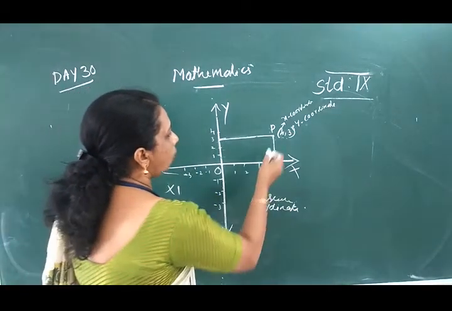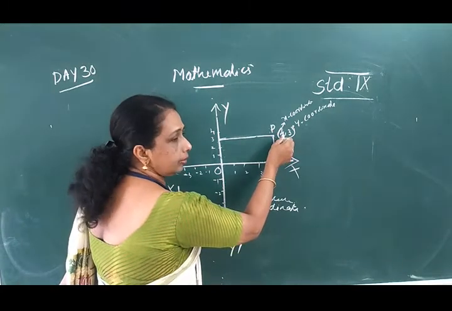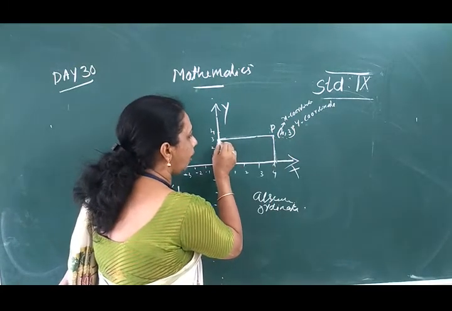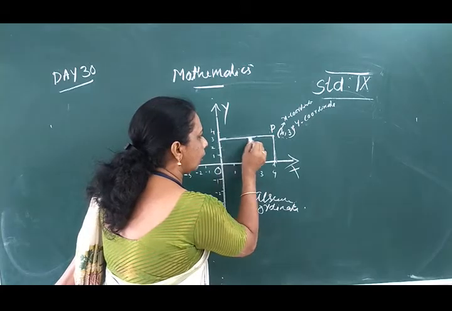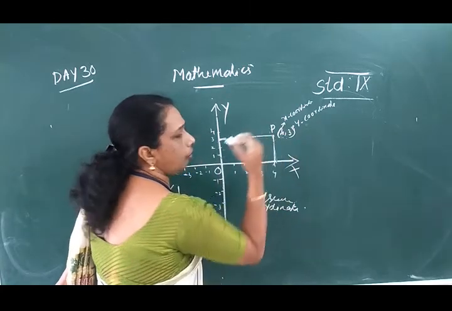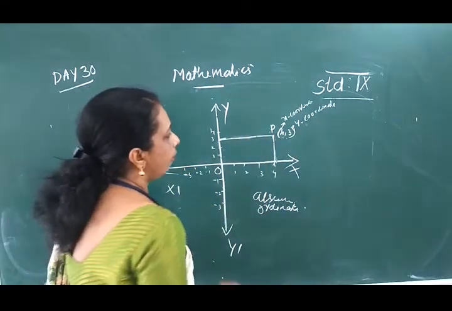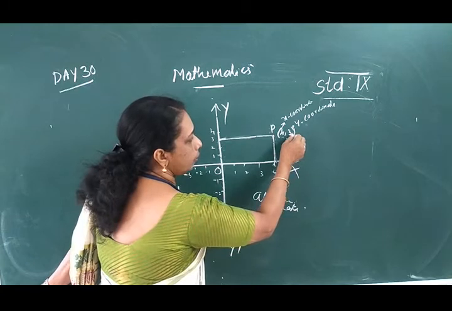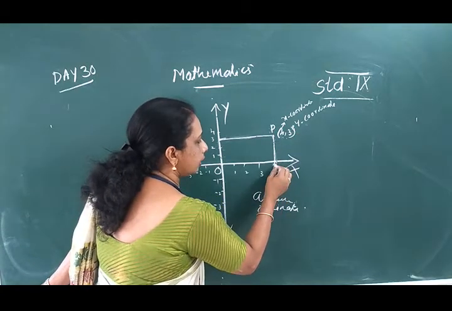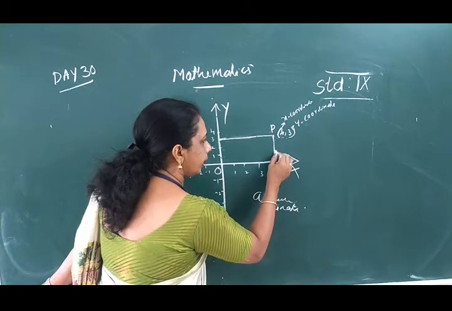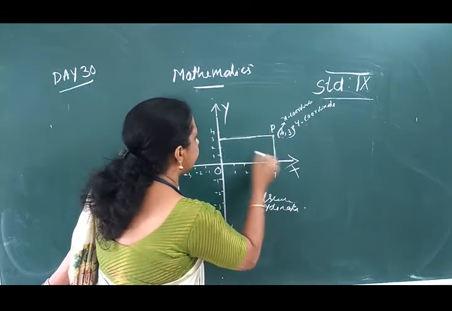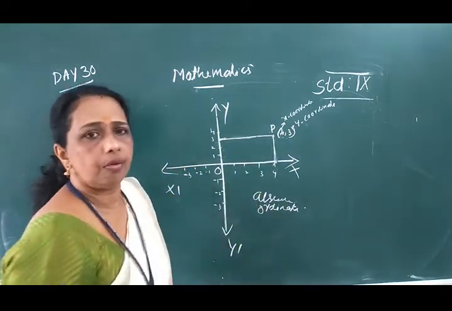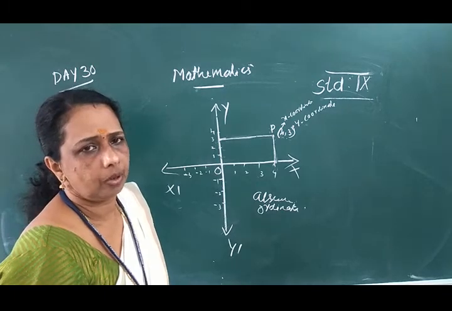The x coordinate of a point is its perpendicular distance from the y-axis, measured along the x-axis, that is 4. The y coordinate is its perpendicular distance from the x-axis, measured along the y-axis. The distance is 3 units. That is 4, 3.